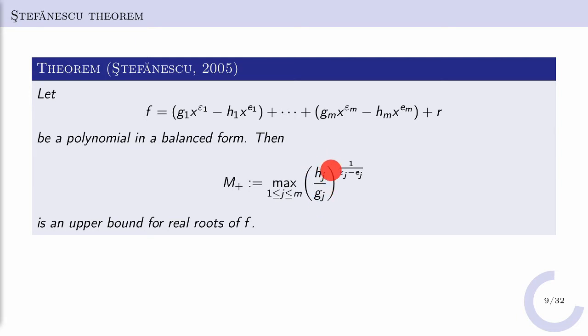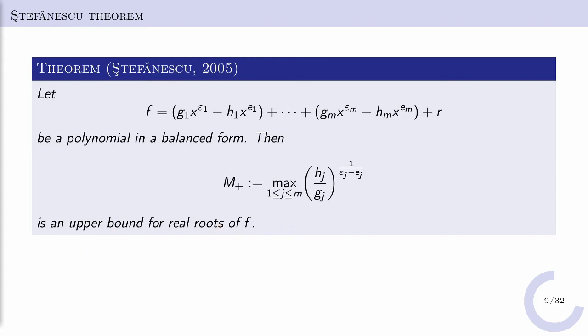In the numerator we have this coefficient, in the denominator we have this coefficient, and the exponent, as in the Cauchy theorem, is 1 over the difference of the exponents of the variable x that corresponds to hj and gj. So it turns out that this expression is the upper bound for the real roots of f.